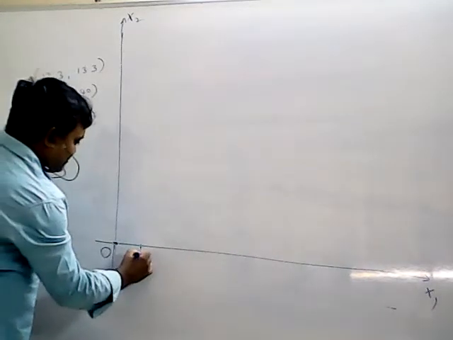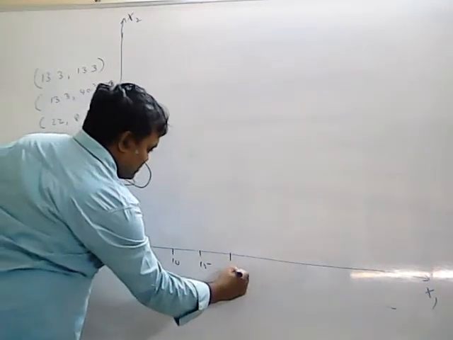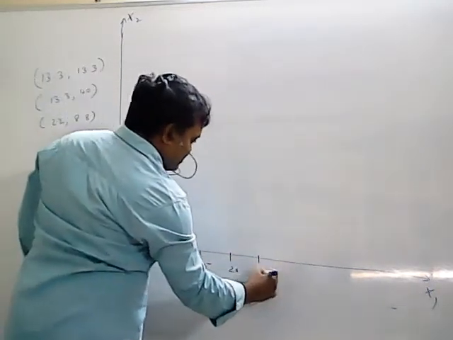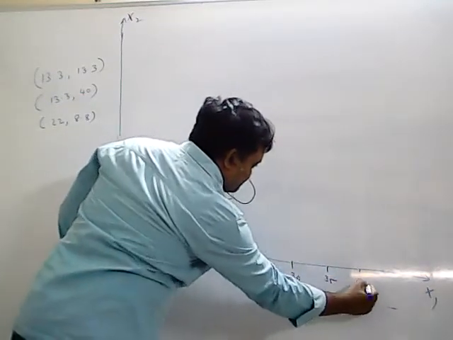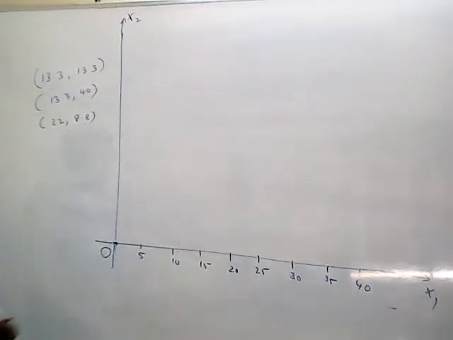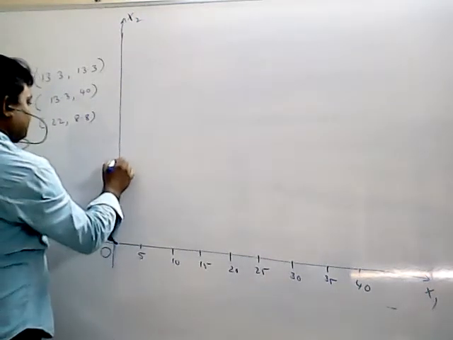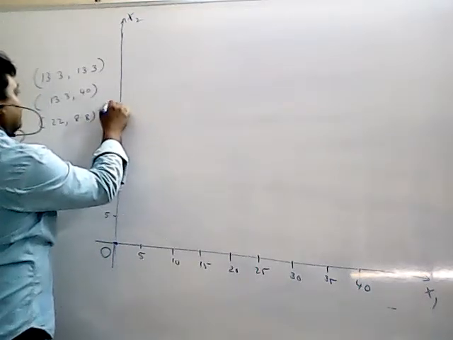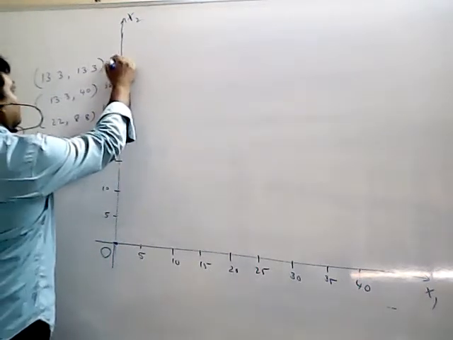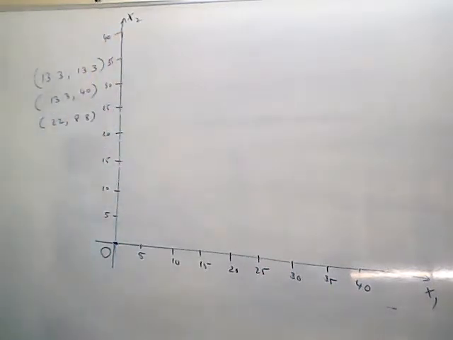So I will consider 5, 10, 15, 20, 25, 30, 35, 40 for x1. The same thing I am considering here also: 5, 10, 15, 20, 25, 30, 35, 40. So 40 I am considering.